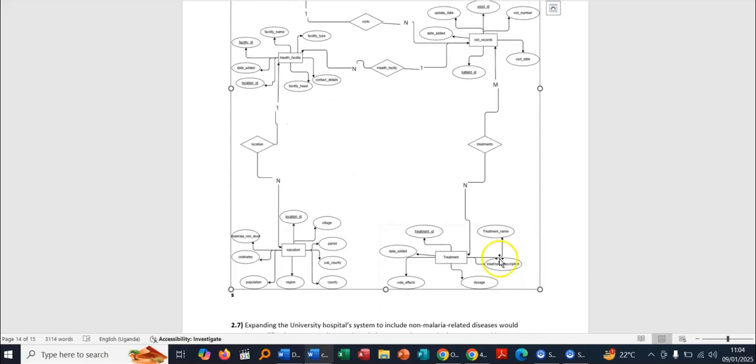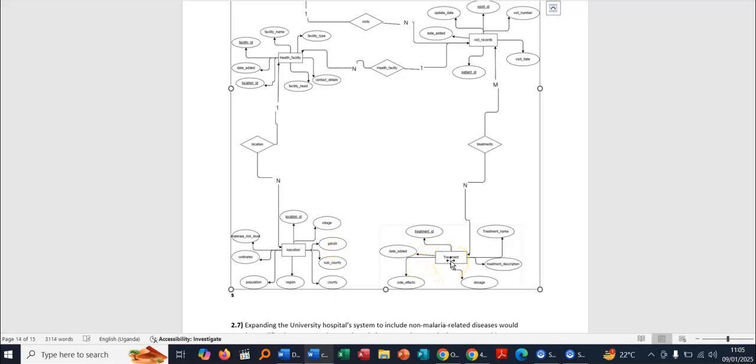Following on, the location entity had the location ID as its primary key, the village, the parish, the county, the region where the patient is from, the population, the coordinates, and the malaria risk level.